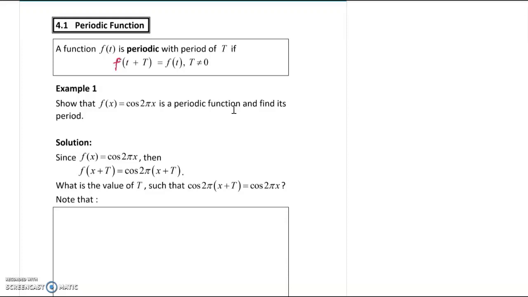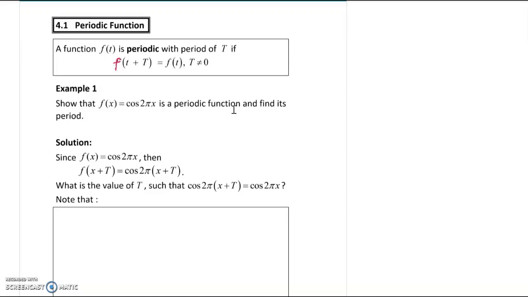It cannot be 1.5 or negative 1.5, because we are talking about the periodic. We want to know how many periods, so it should be a positive integer.